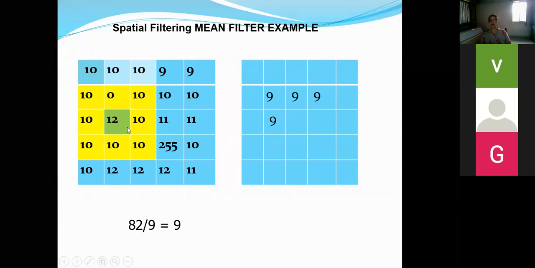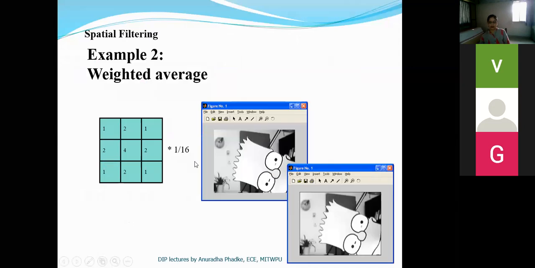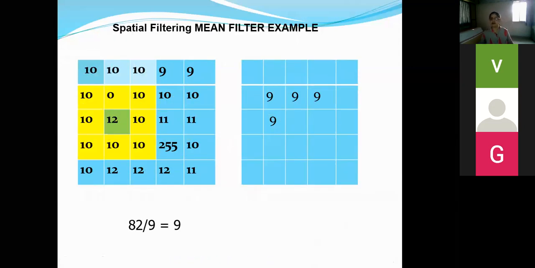Similarly, you can proceed to the next 5 pixels and get new values for the rest of the pixels. Okay. So hope this process of how to apply an averaging filter or arithmetic mean filter on the given image is clear to you.